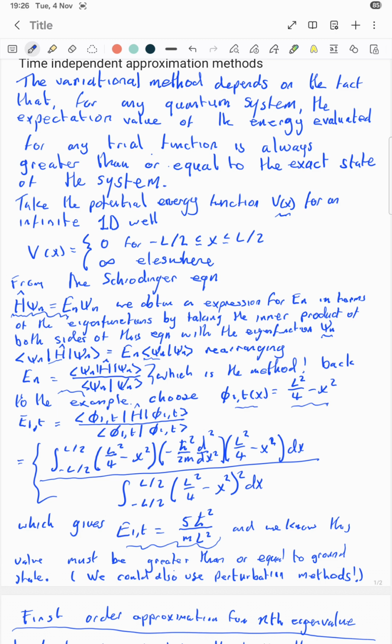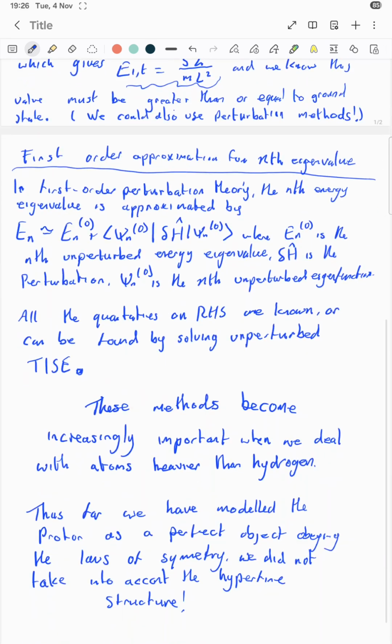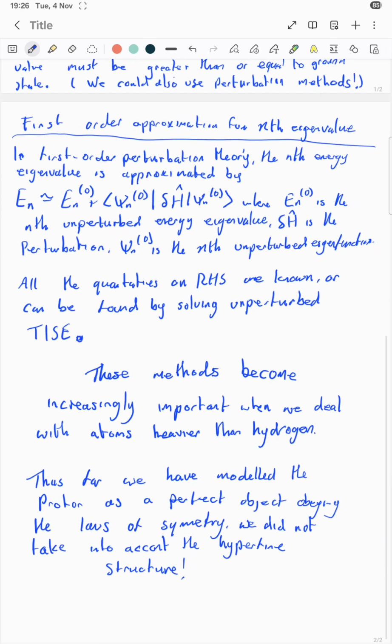I'm going off on another tangent here, but yes, we can use first order approximation methods with the nth eigenvalue. In first order perturbation theory, the nth energy eigenvalue is approximated here, where E_n of 0 is the nth unperturbed energy level, delta H is the perturbation, and this here is the nth unperturbed eigenfunction.